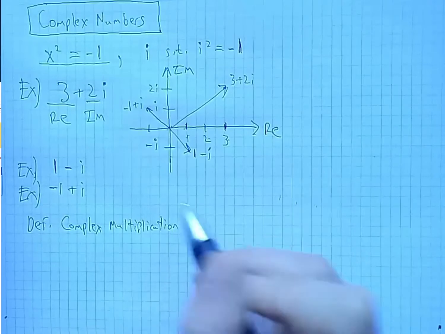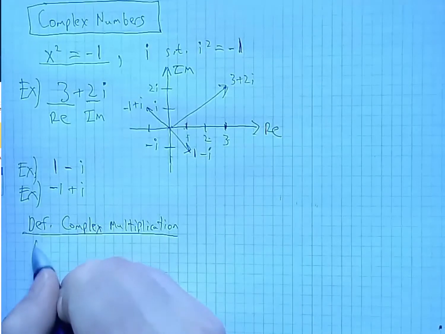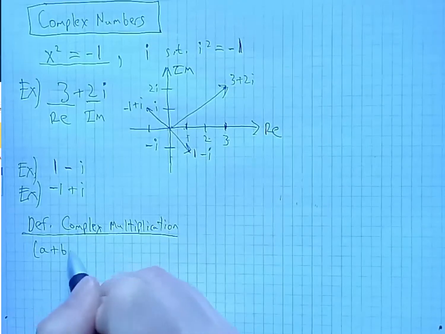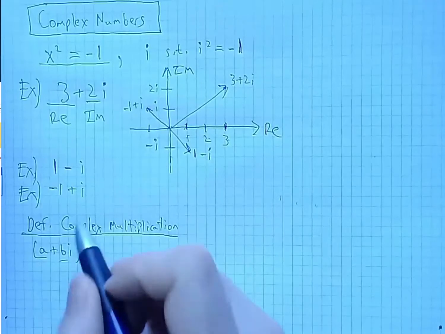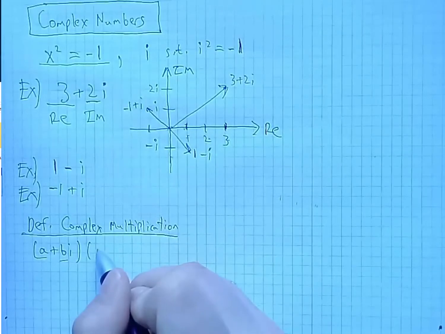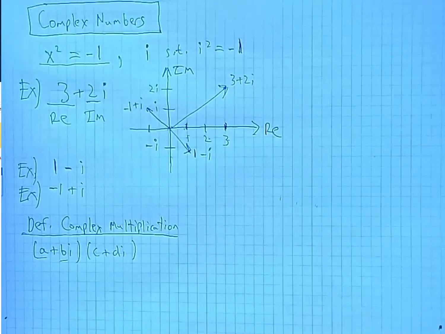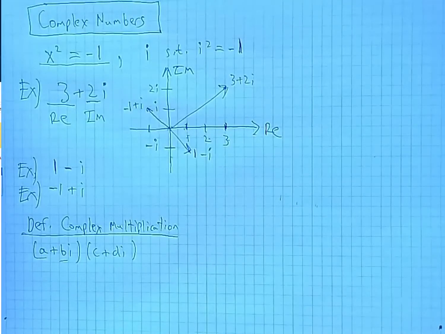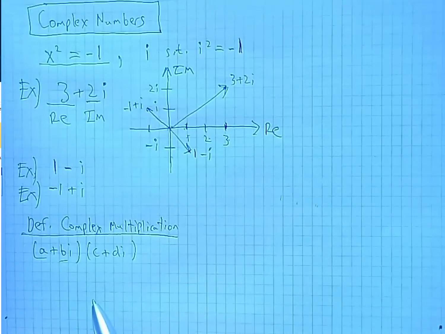And actually, we're just going to follow our nose here and look at a complex number, a plus bi. So a is the real component, b is the imaginary component. And we're going to multiply that by another complex number, c plus di. And we're just going to FOIL. So we're just going to use the distributive property.